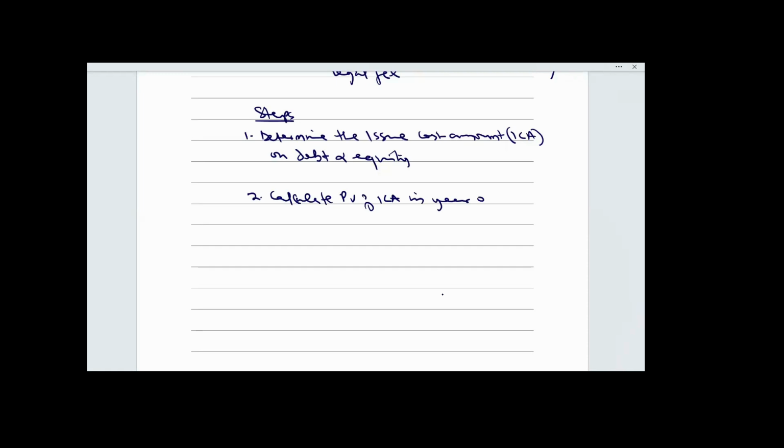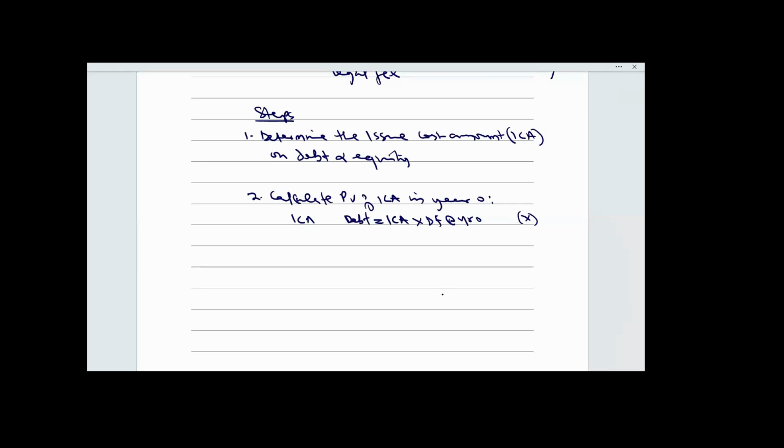Okay, for both equity and debts. In this case, I will say issue cost amount on debts, which will be equal to issue cost amount multiplied by discount factor at year 0. Whatever you have, keep it there. It will always be in brackets because it's a cost.